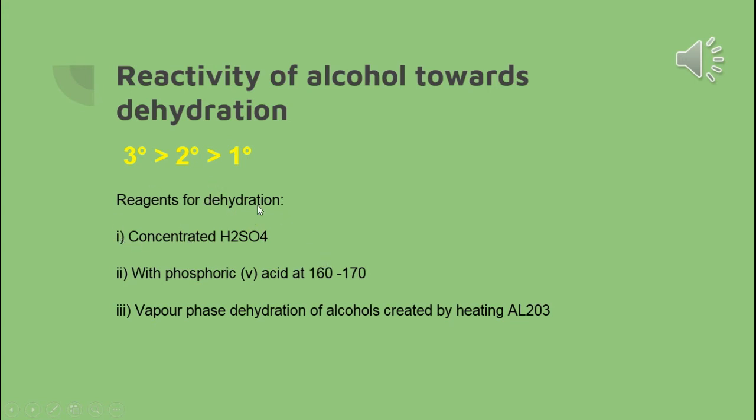The reagents for dehydration are concentrated sulfuric acid or phosphoric acid at 160 to 170 degrees Celsius. And the third one is the vapor phase dehydration created by heating aluminium oxide.